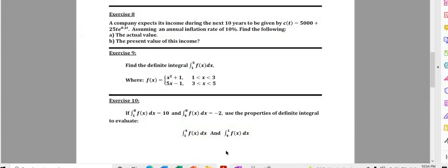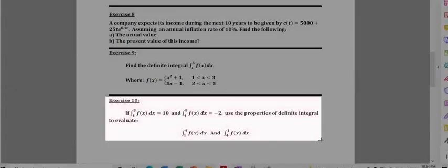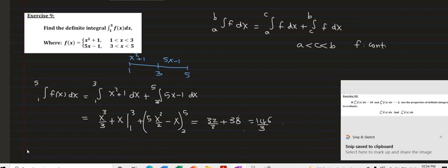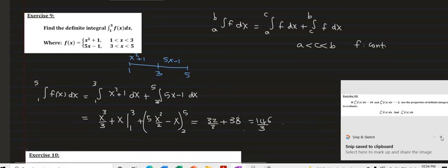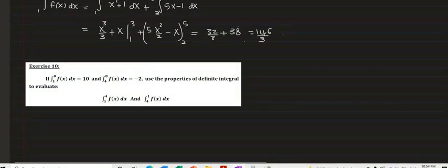The other exercise is very interesting because it uses the other two definite integral properties. Here it says, if we have the integration of f of x from 1 to 8 equal to 10, we said that the geometric perspective of the definite integration is the area under the curve.